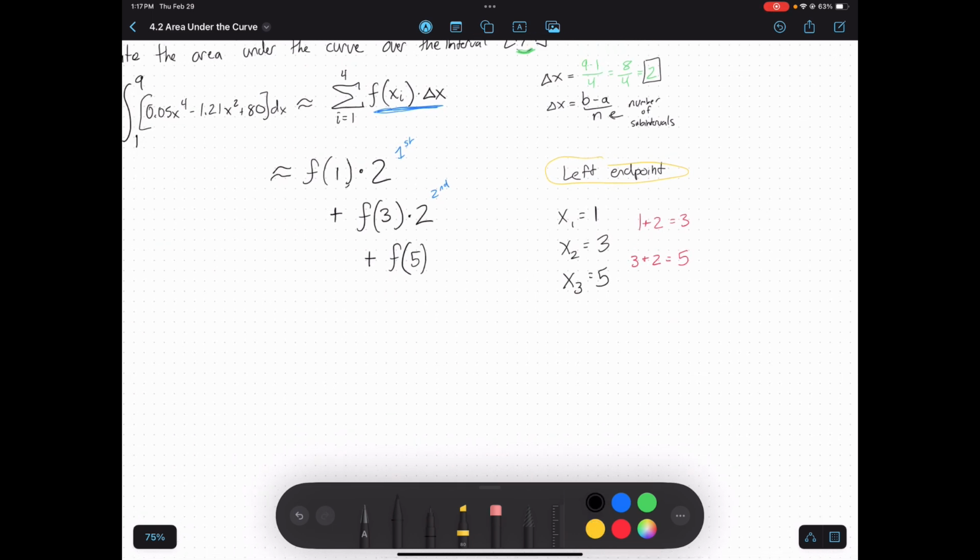So f of 5 is my height for this next rectangle, multiplied by my width, which is delta x. That's my third rectangle. And last, since it's 4 subintervals, I should have 4 rectangles. My x4 value is 7, because that's just 5 plus 2. I go another 2 distance and I get to 7. Times the width, which is still 2, and there's my 4 rectangles.